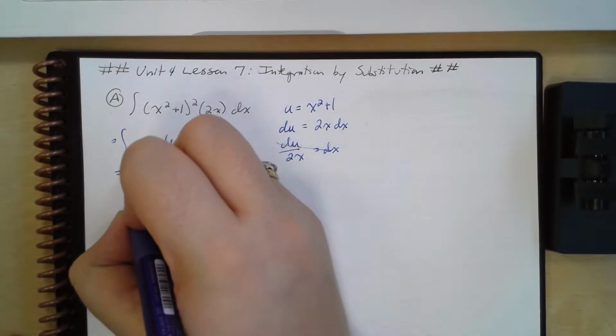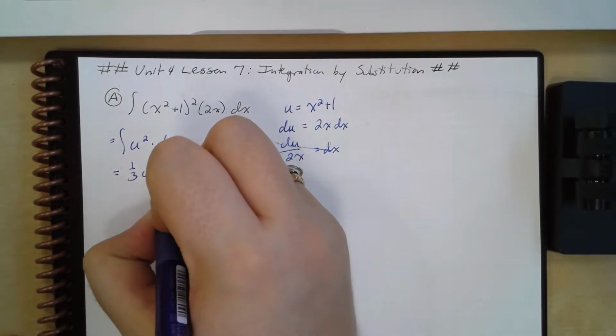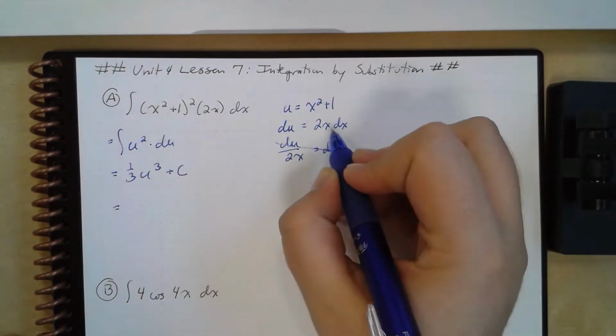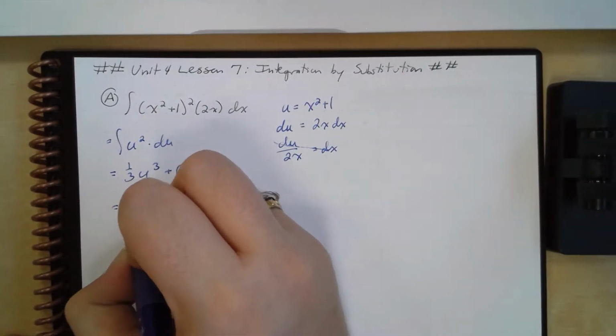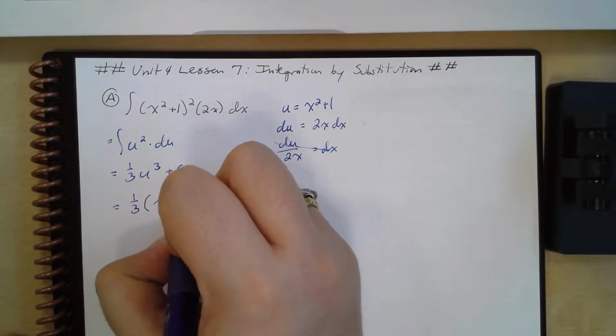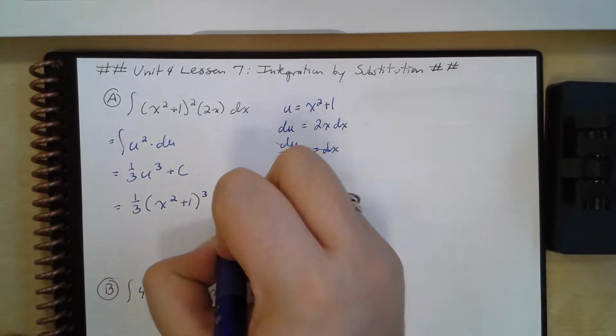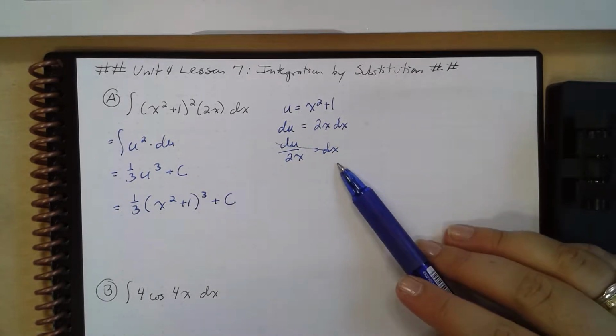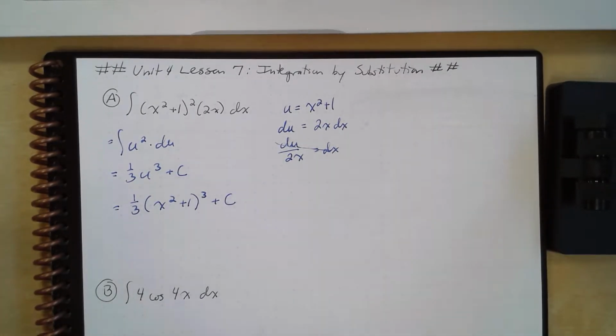I'm going to have 1/3 u cubed plus c. And all I have to do to finalize this is substitute back in. So this is going to be equal to 1/3 times (x squared plus 1) cubed plus c. Okay? That's it. You can see we saved a lot of steps there, and I actually did an extra step by accident. But pretty simple, pretty straightforward.